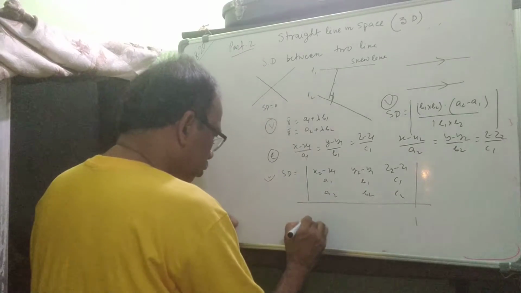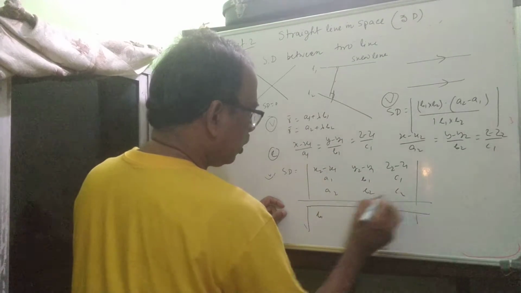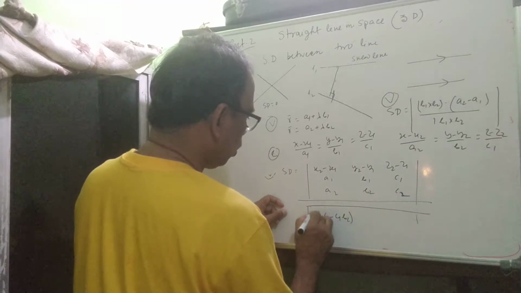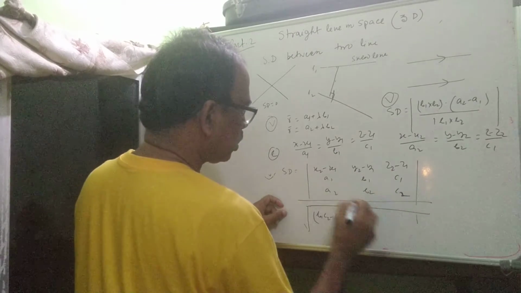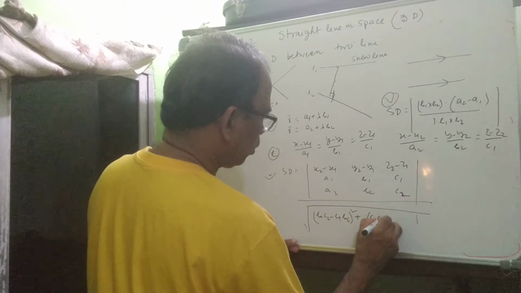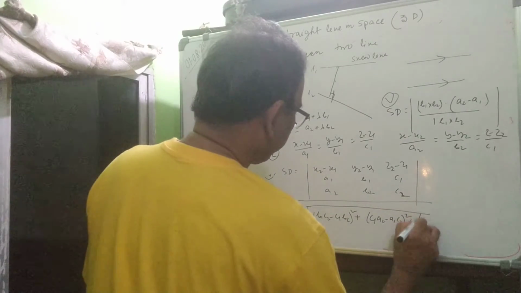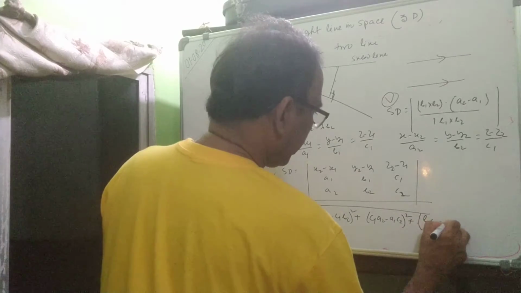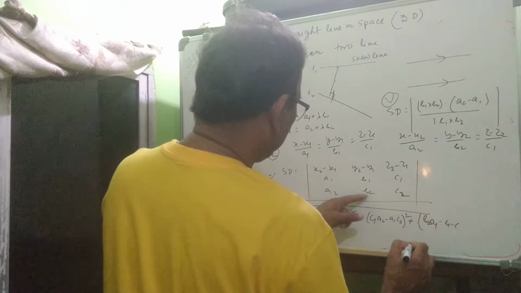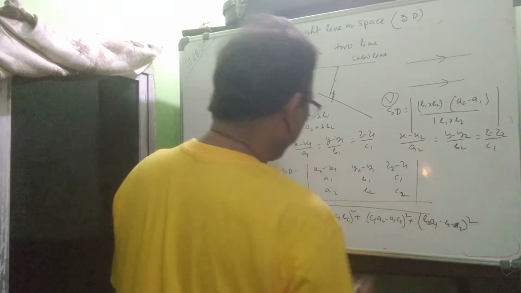All of this is over the square root of (b1 c2 - c1 b2) squared plus (c1 a2 - a1 c2) squared plus (a1 b2 - a2 b1) squared.